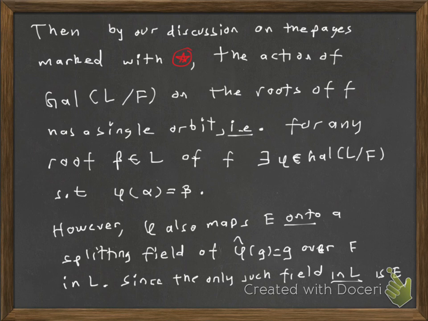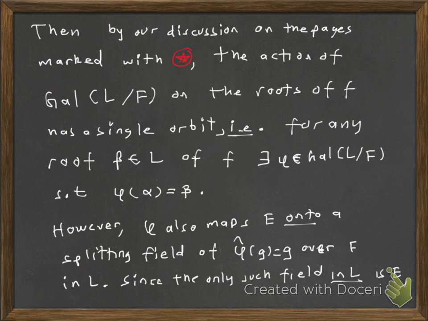But you know what this says then? Since E is a splitting field for a polynomial over F, and phi restricted to E is an F isomorphism from E into L, its image is again a splitting field for the same polynomial over the same fixed field F.